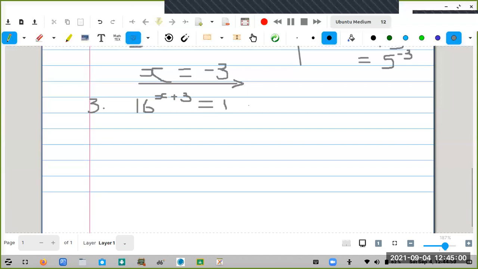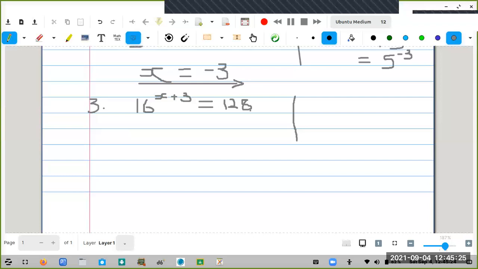Now, if you check here, on the left-hand side, we have base 16. On the right-hand side, we have base 128. So you can see there that we cannot express 128 in terms of powers of 16.